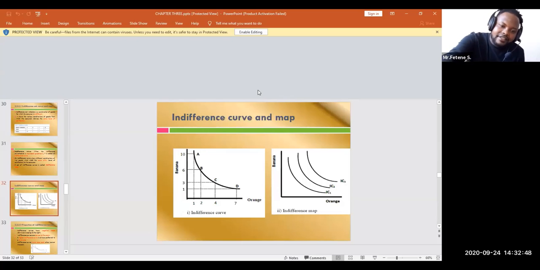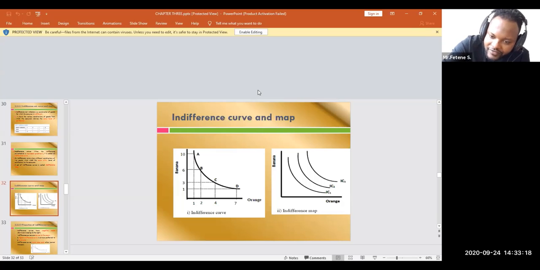When you say indifference map, it is the set of these indifference curves. Look here: indifference curve 1, indifference curve 2, indifference curve 3. On the first indifference curve the consumer derives the same level of utility, but indifference curve 2 is better than indifference curve 1.